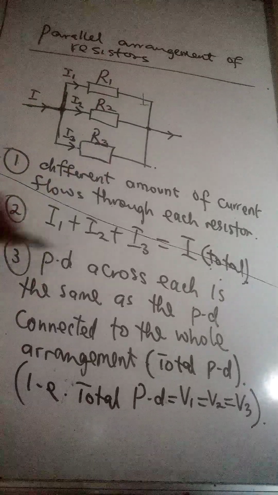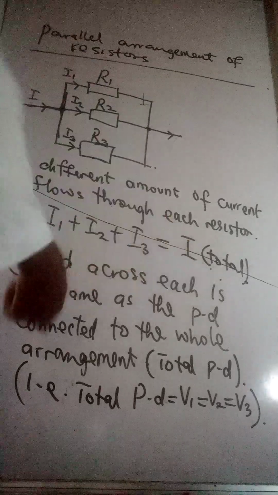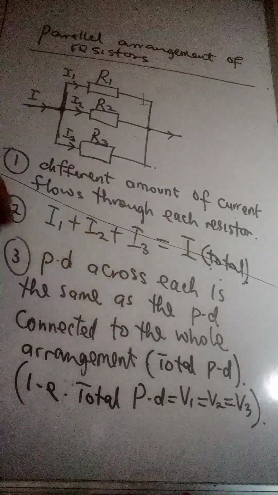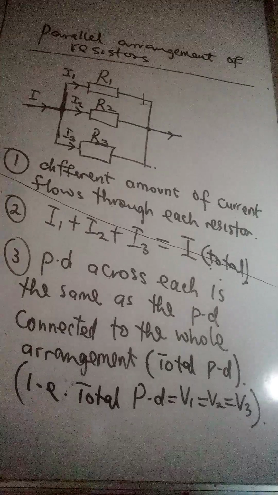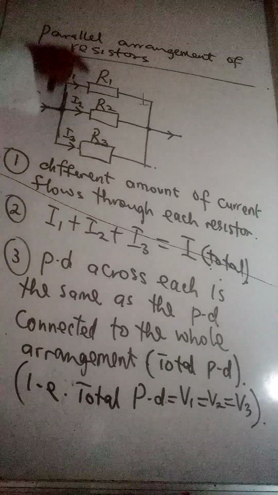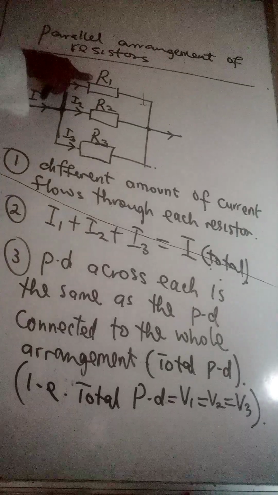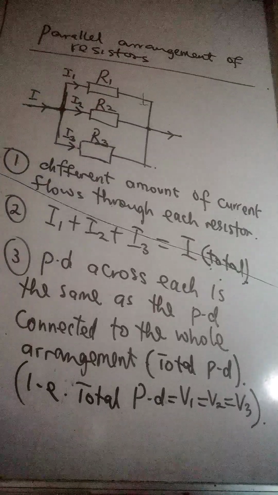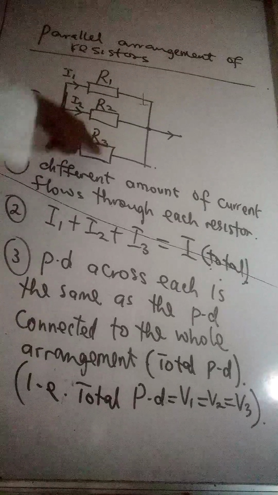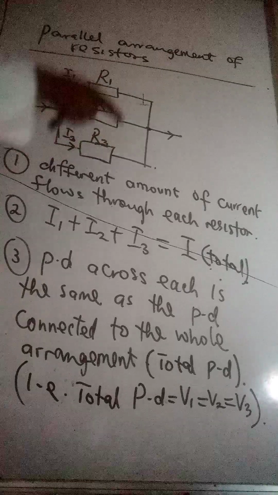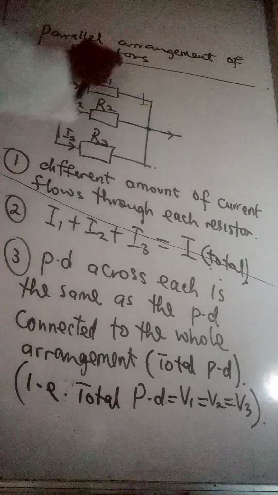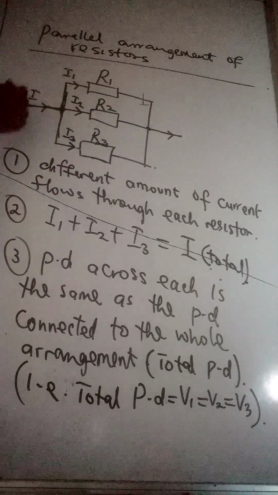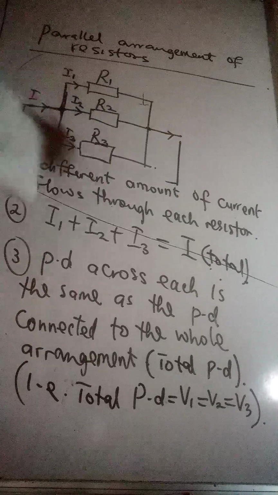Number 3, potential difference across each is the same as the potential difference connected to the whole arrangement. What this means is that the voltage across resistor 1 is the same thing as the voltage across resistor 2, and will also be the same thing as the voltage across resistor 3. Not only that, it will also be the same thing as the voltage that supplies this total current, because there will be a voltage that will be connected to the whole of this arrangement.